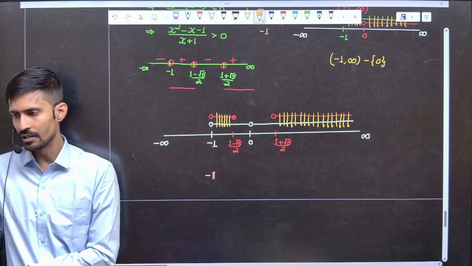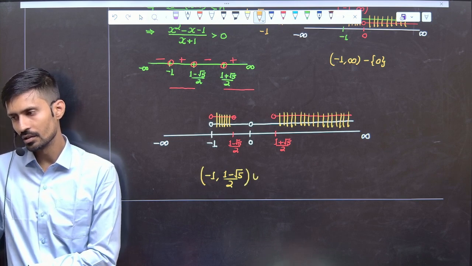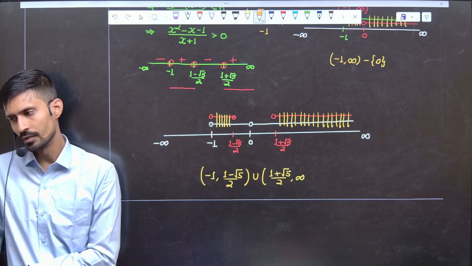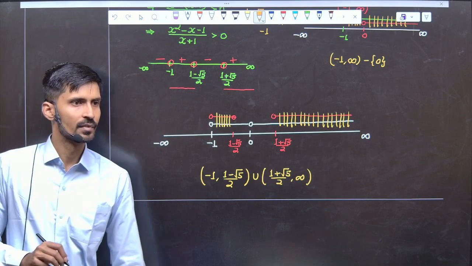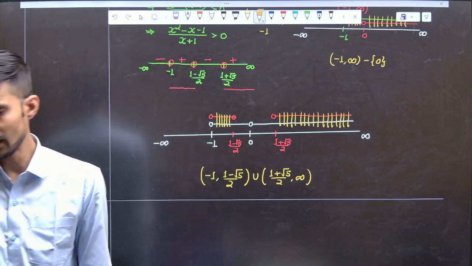Answer will be minus 1 to 1 minus root 5 by 2, and bracket, 1 plus root 5 by 2 to infinity, and this is our final answer. Done. Okay.